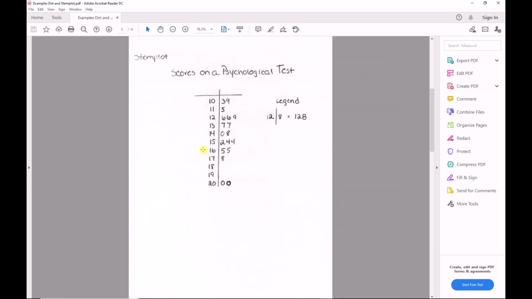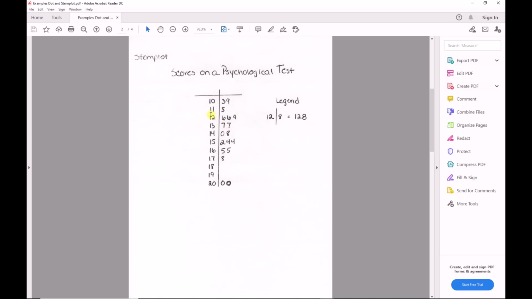Okay, so scores on a psychological test, and there's your title, and there's your legend. Your smallest score was 103, and you also had a 109. So there's 1, 0 for the stem, and then a 3, that's 103, and then 1, 0, and the next leaf is 9, so that's 109. So you can recover the 103 and the 109.